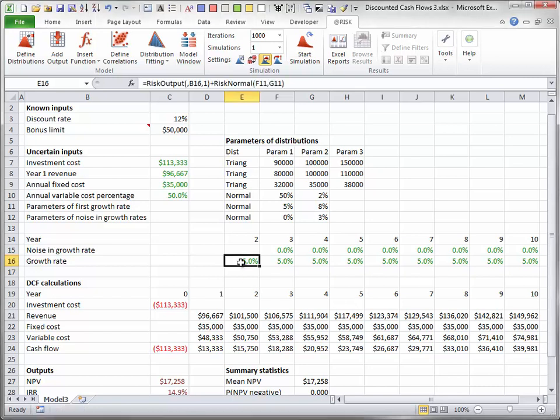Cell E16 contains the first growth rate from year 1 to year 2, which has the normal distribution that was used in the previous two models. Then each succeeding growth rate is the previous growth rate plus that year's noise.